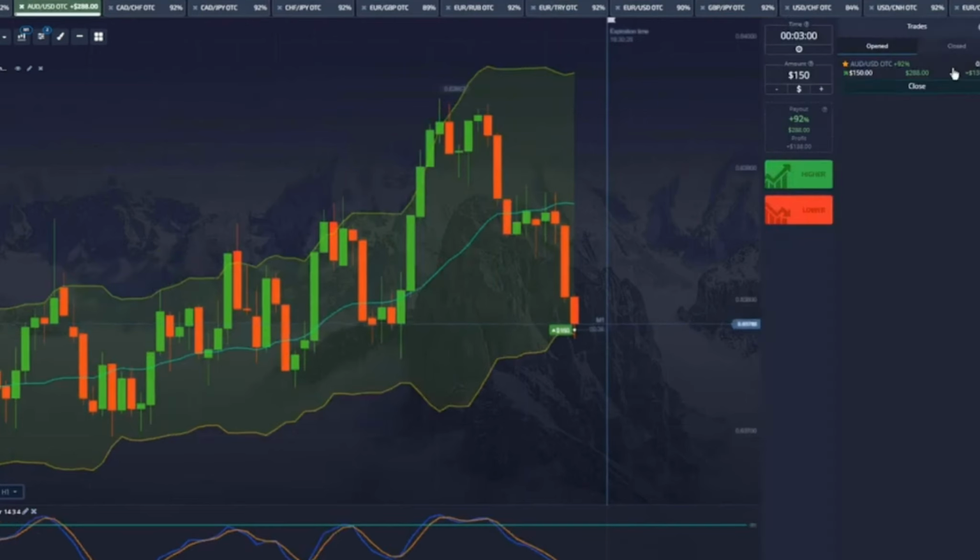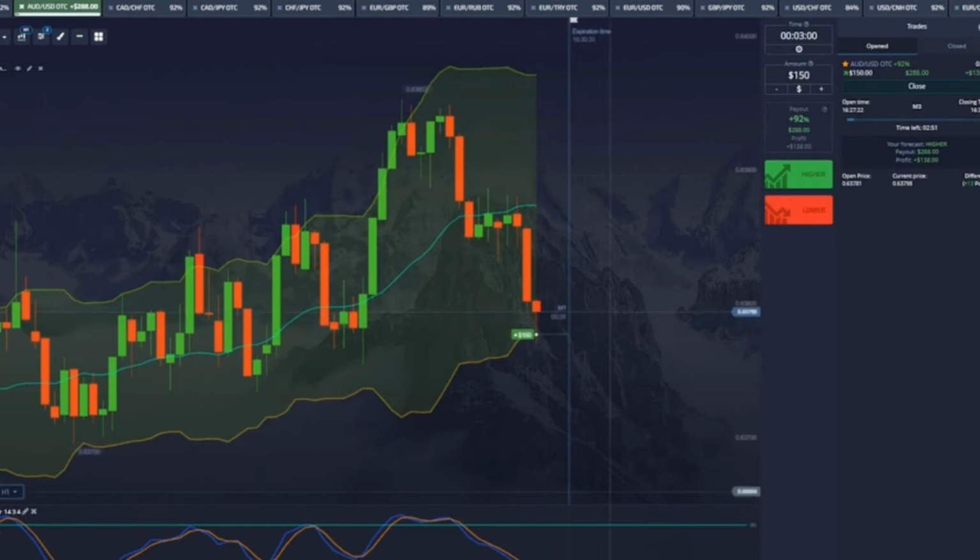This is another great moment, and the candles have just reached the lower Bollinger Bands line, and the stochastic oscillator is at the oversold condition, making a good entry for a call trade.